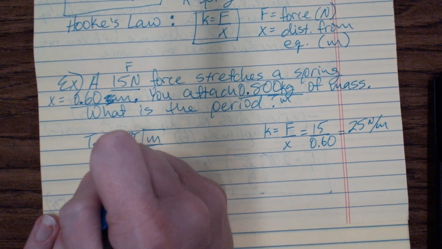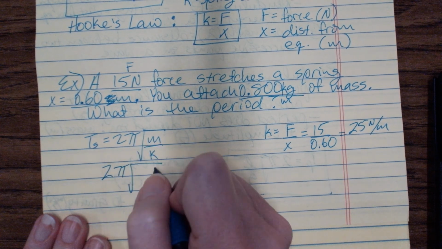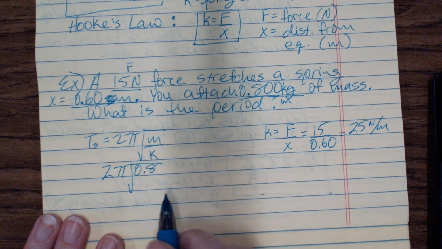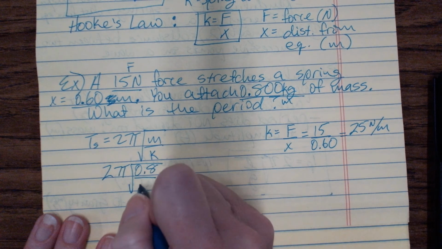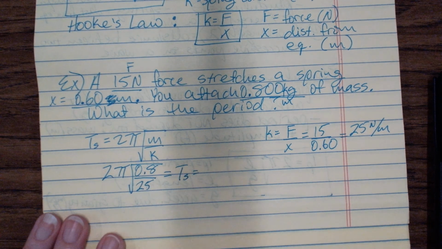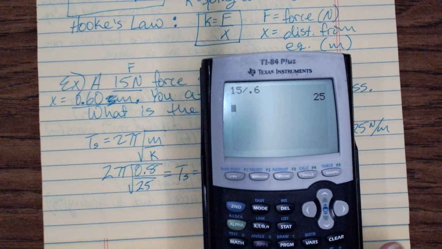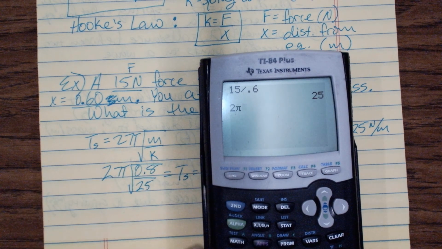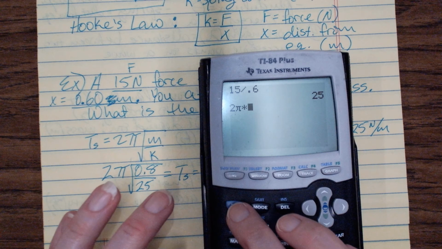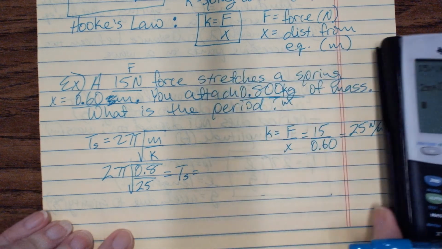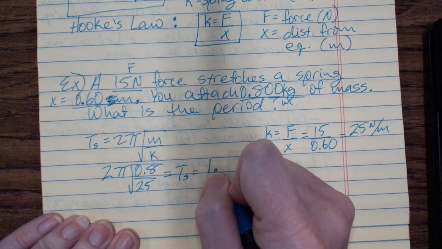So we can say 2 pi times the square root of the mass, which is 0.8 kilograms, over the k value that we just found, 25. And this will give us our period of the spring. So 2 pi times the square root of 0.8 over 25. And so your period is 1.12 seconds.